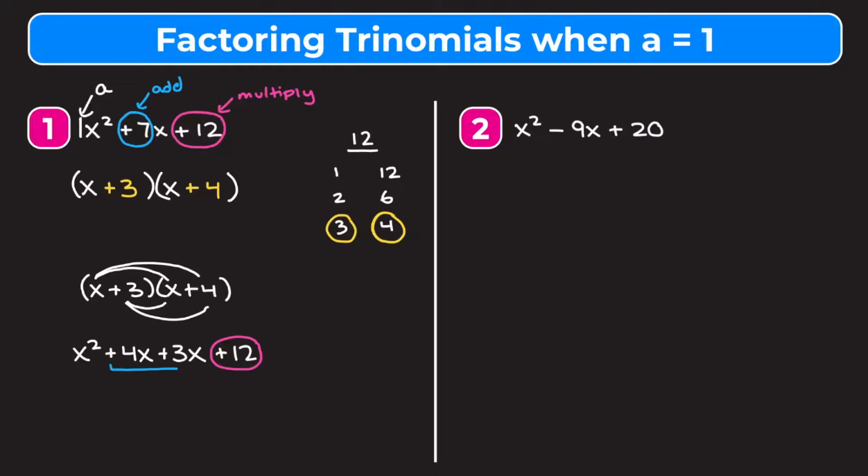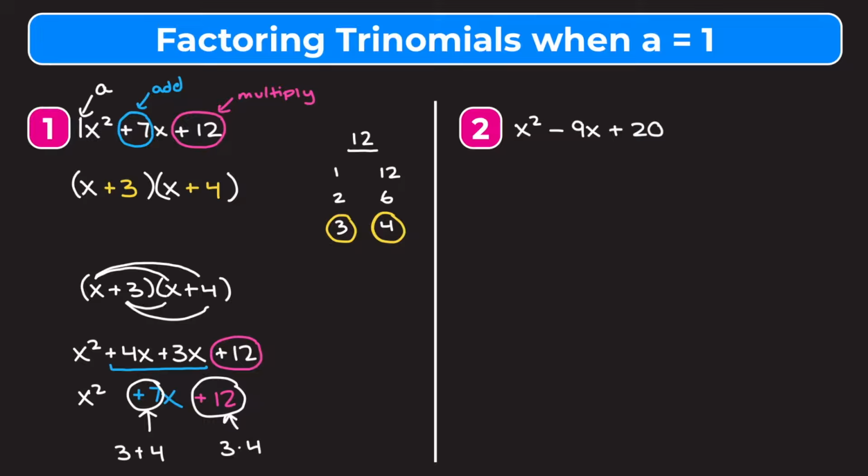When we combine the plus 4x and the plus 3x, we get a plus 7x. So that came from our 3 and 4 added together. So we get x squared plus 7x plus 12. This 12 came from our 3 and our 4 multiplied together, and this 7 came from our 3 and our 4 added. That's why when we're factoring, we're going the opposite way of FOILing. We need to think of two numbers that multiply to our c term and add to our b term.